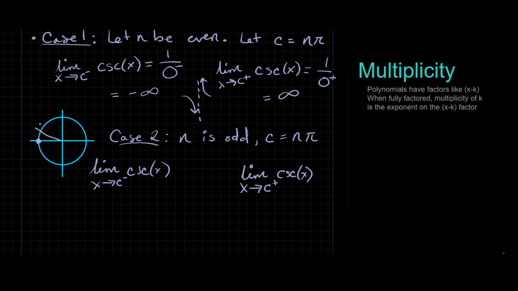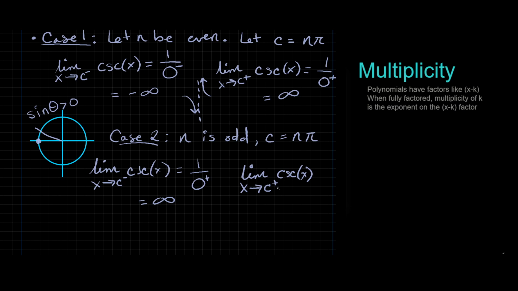And what is sine doing up here? Up here, your y values are all positive. So up here, sine is positive. Which means sine is going to go to 0 from the right. Therefore, cosecant will go to positive infinity.